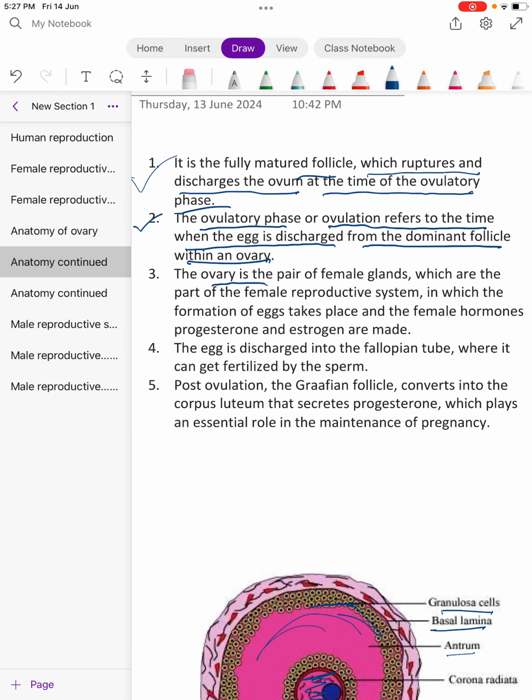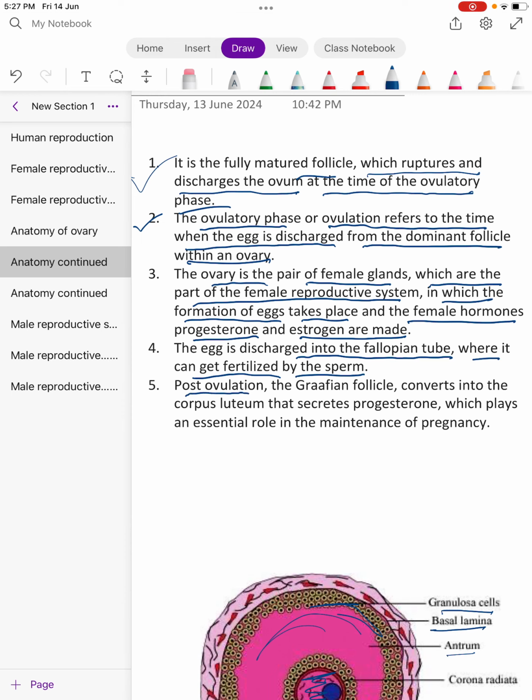The ovary is a pair of female glands which are the part of the female reproductive system in which the formation of eggs takes place and the female hormones progesterone and estrogen are made. The egg is discharged into the fallopian tubes where it can get fertilized by the sperm.